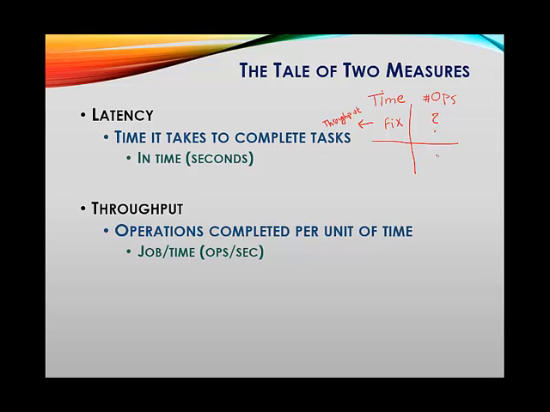And if we fix the number of operations, say one operation, and ask how much time it takes to finish that operation, that would give us the measurement of latency. So as you see, these two measures are effectively related with each other, but generally speaking, they evaluate two different standards of performance.